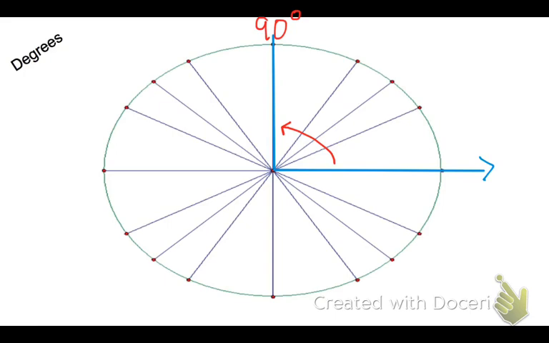All of these degree measures are as if we are going from this initial side. My initial side is never going to change. So if I were to keep going, this would represent a 180-degree angle.